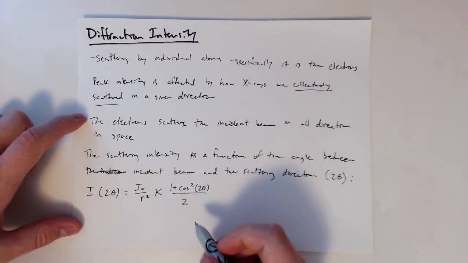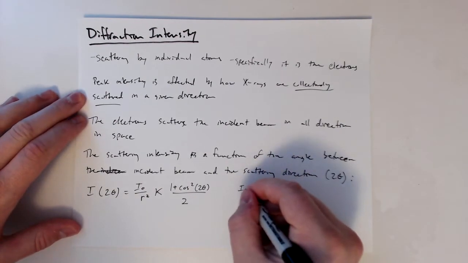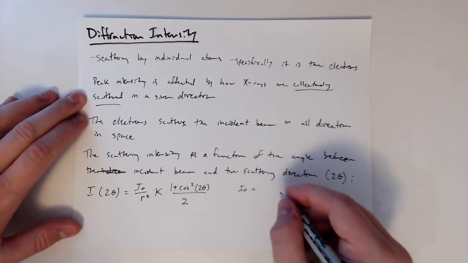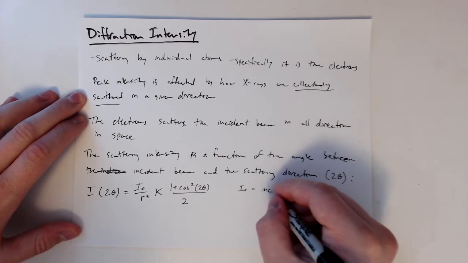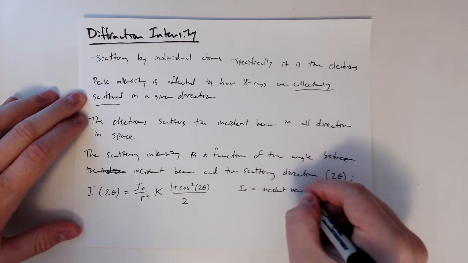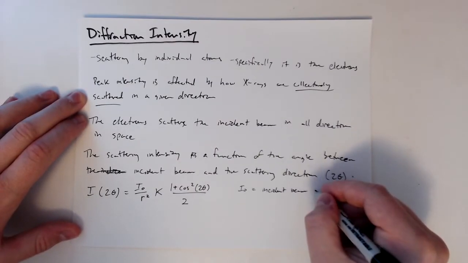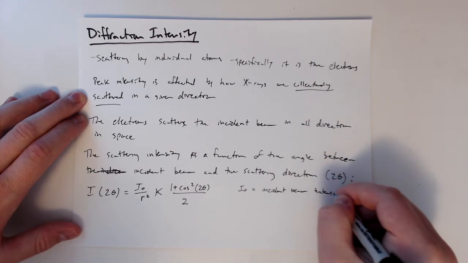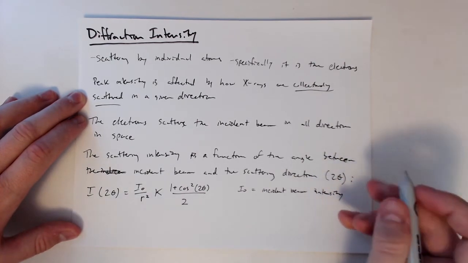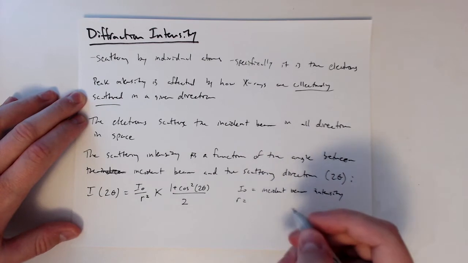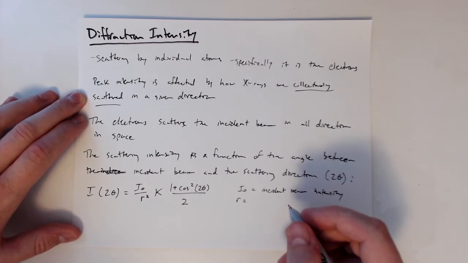So in this equation, I naught is the incident beam intensity. R is the distance from the electron to the detector.